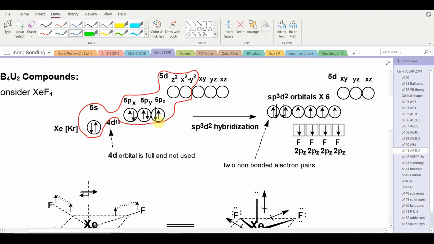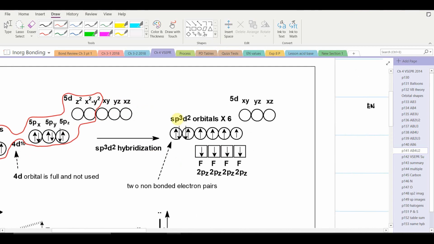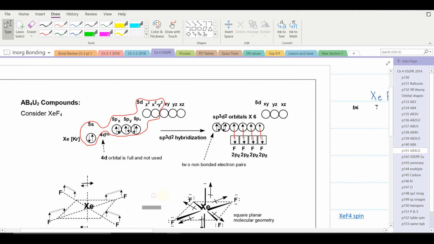Promoting 2 electrons produces 4 half-filled orbitals. Sp3d2 orbitals times 6. 2 of them are filled, 4 of them are half-filled. Those that are half-filled can overlap with fluorine atoms to form XeF4. Here's the structure.